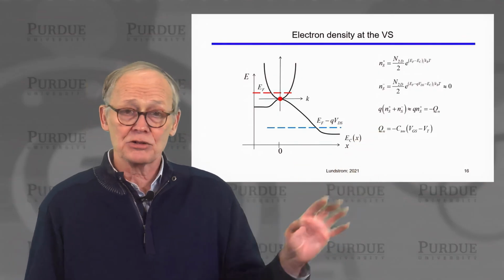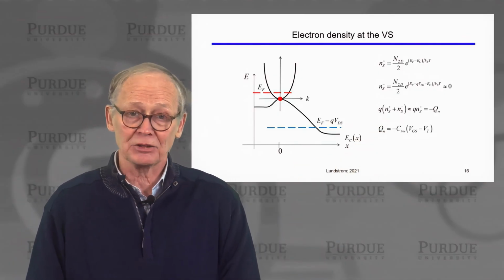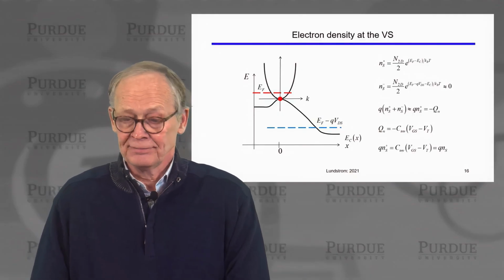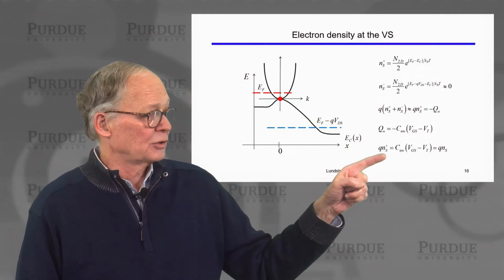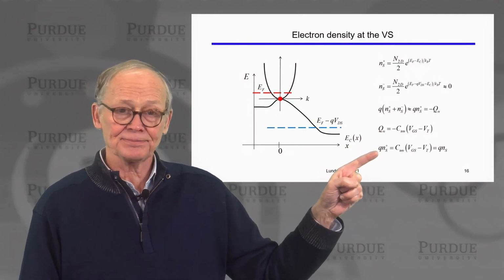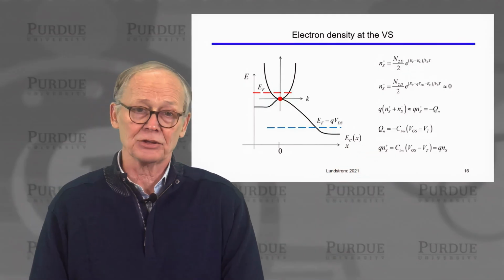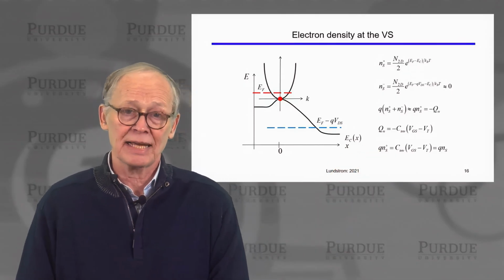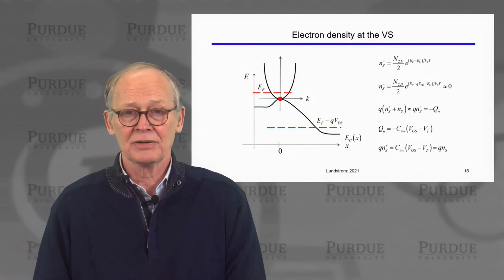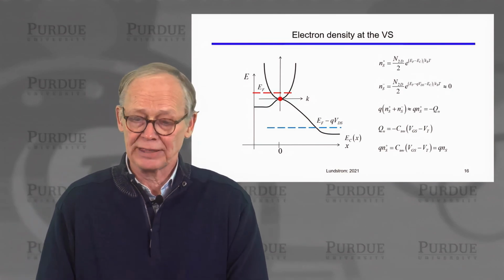That total charge is determined by MOS electrostatics, by the gate voltage. So we conclude that the total charge at the top of the barrier is all due to electrons with positive velocities, and it's determined by the gate voltage and gate capacitance through C inversion times (VGS minus VT).